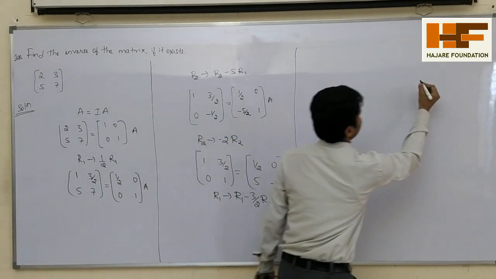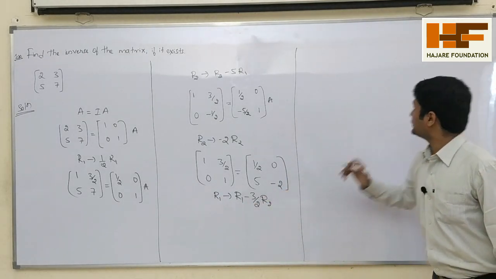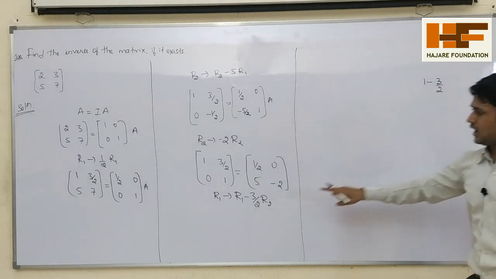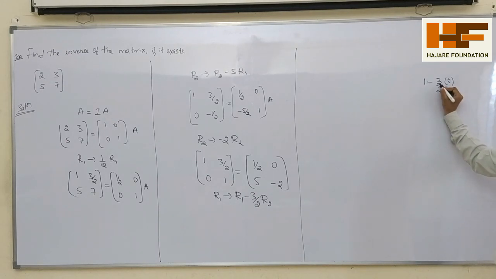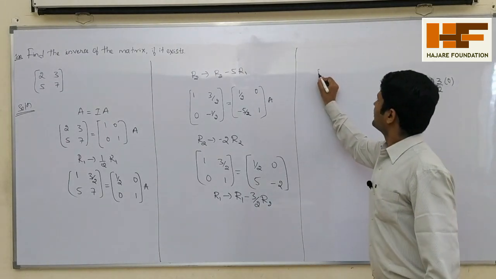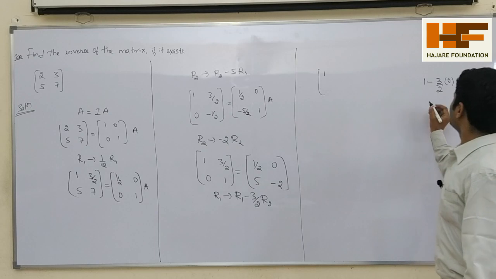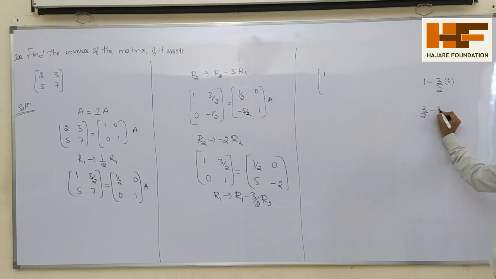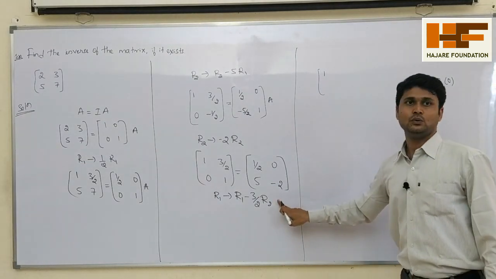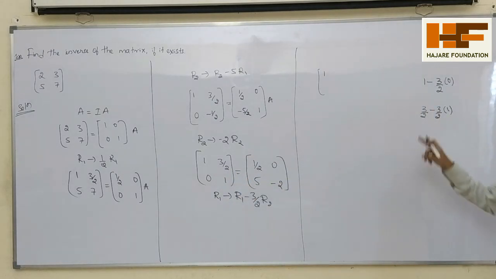Write 1, minus 3 by 2, into the corresponding R2 element 0. 0 into 3 by 2 is 0, the answer is 1. Next, what is the R1 element here? 3 by 2. 3 by 2 minus 3 by 2 into R2. What is the corresponding R2 element here? 1. Simplify the term, 3 by 2 minus 3 by 2 is 0.